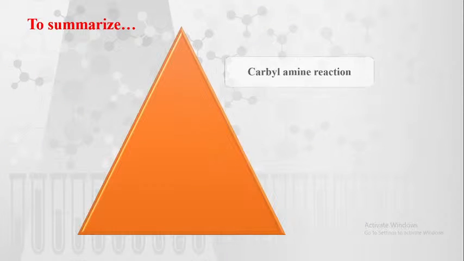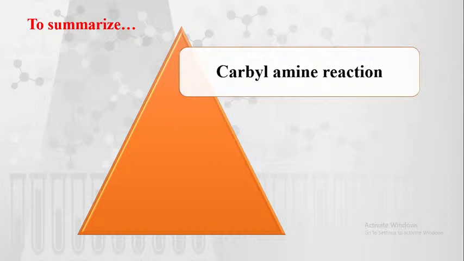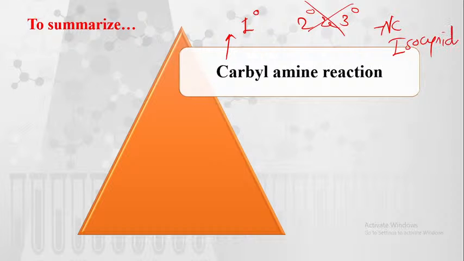So to summarize, we have seen the carbylamine reaction. In the carbylamine reaction, only primary amines give the carbylamine test. Secondary and tertiary amines do not form carbylamine. Carbylamine is nothing but the isocyanide group, NC. Just a recap in 2 minutes.